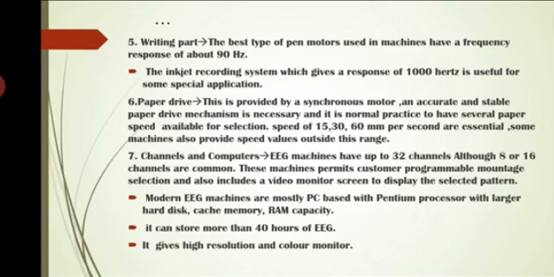Modern EEG machines are mostly PC based with a Pentium processor with a large hard disk, cache memory and RAM capacity. It can store more than 40 hours of EEG. It gives a high resolution and a color monitor. So this is the EEG machine. This question you get for 10 marks or 7 marks.